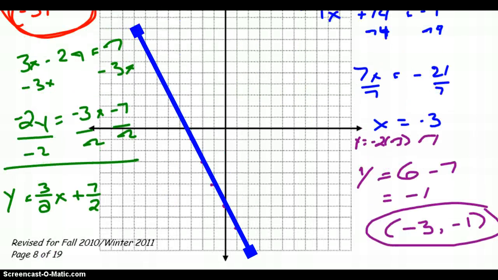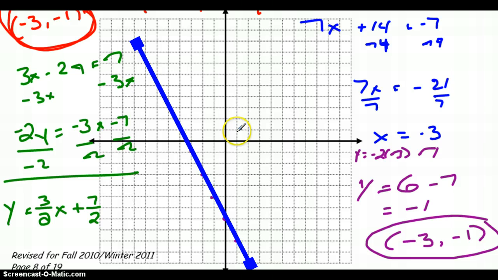So I can start at the ordered pair 1, 5, and then use my slope. 1, 2, 3, 4, 5 would be right here, and then my slope was 3 halves. So up 3 over 2, or down 3, back 2.